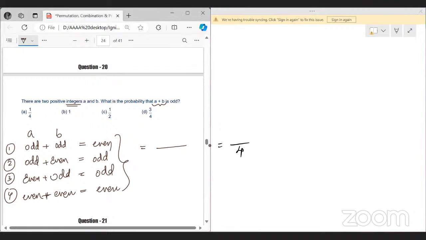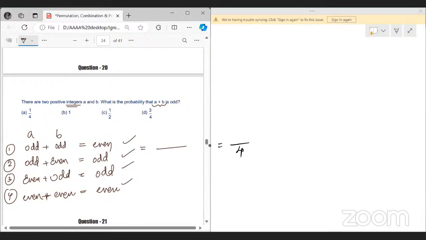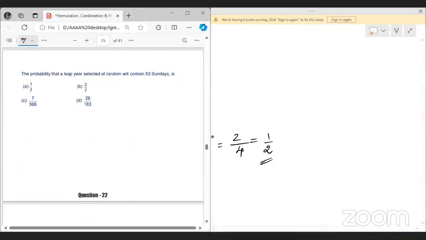And desired outcome, probability that A plus B is odd. Out of these 4, how many are odd? 2. 2 are odd. So the answer is going to be 1 by 2. Yes. Yes, get this answer.